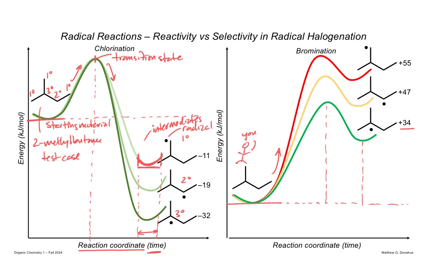And so that's essentially what nature will do, is it's going to climb that hill because it's the easiest. And what it's telling you is that tertiary radical is the most stable. So that's the one that's preferentially formed.